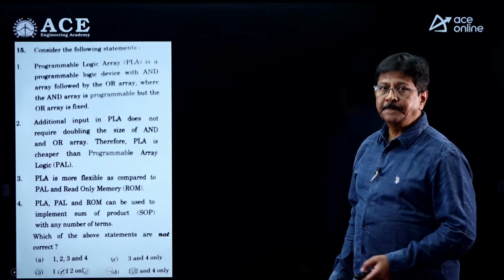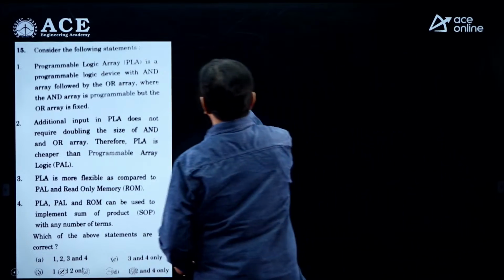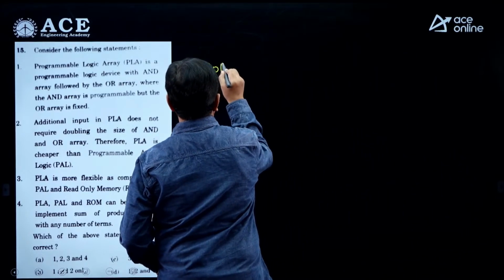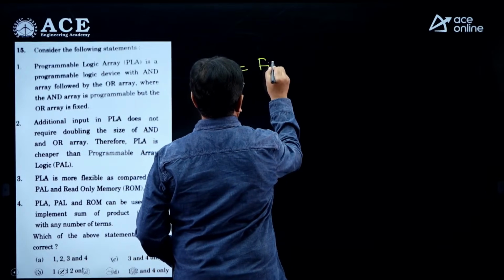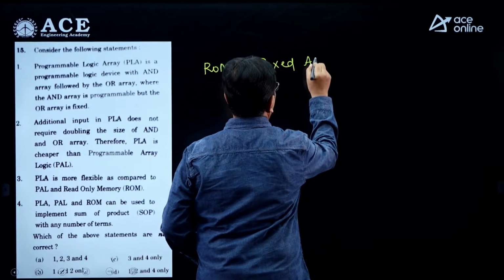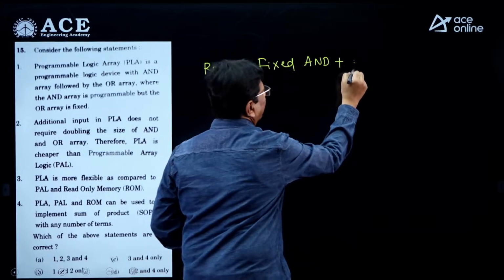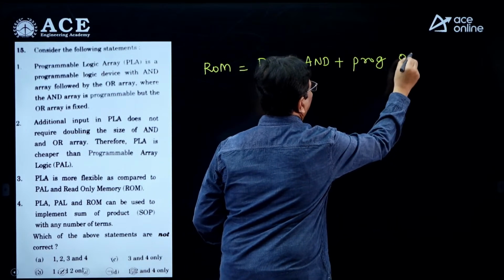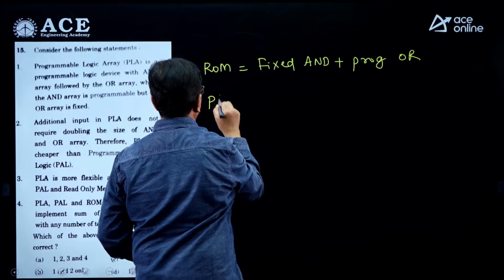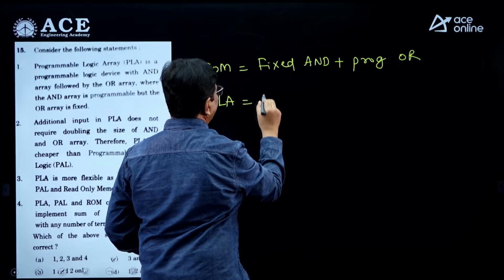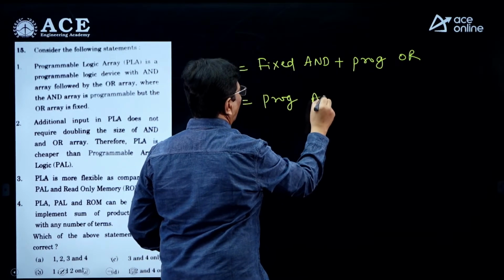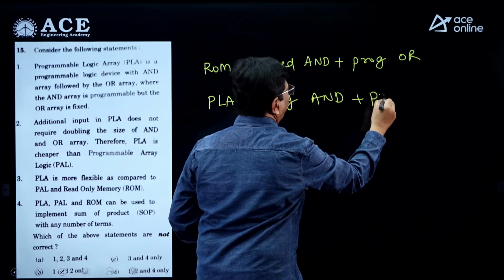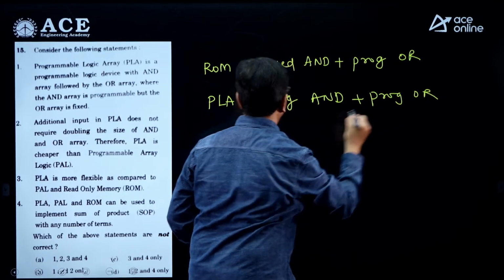Right, going ahead. So we know that ROM is a fixed AND and programmable OR. PLA is programmable AND plus programmable OR.